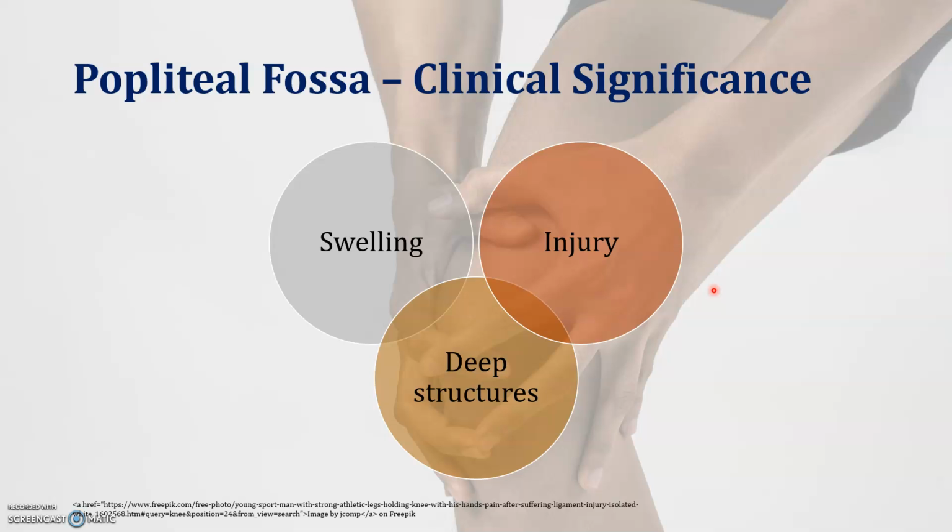So let's think about clinical correlates. These important deep structures are at risk of injury, and we need to know the structures to know what could happen when there are serious injuries to the knee or structures around the knee, particularly in relation to knee dislocation, supracondylar fractures of the femur, and compartment syndrome.